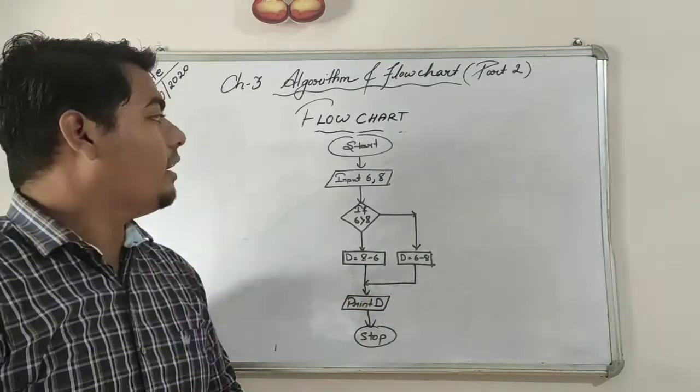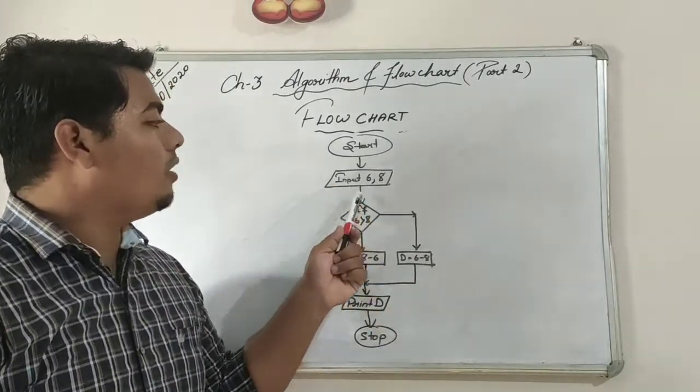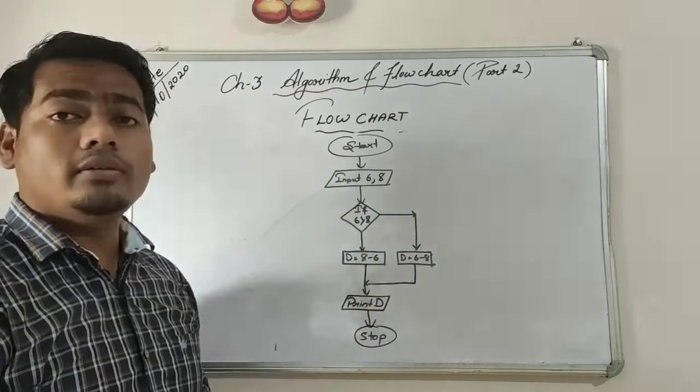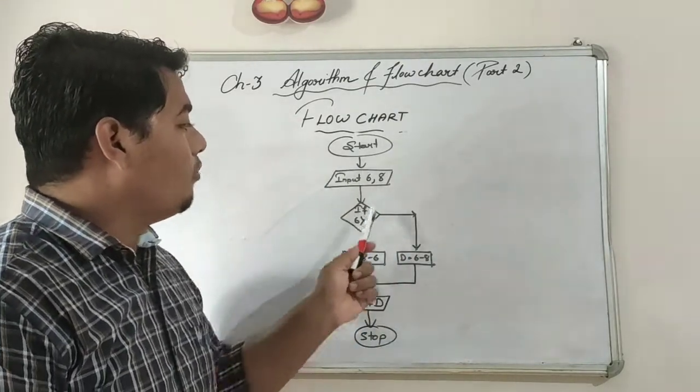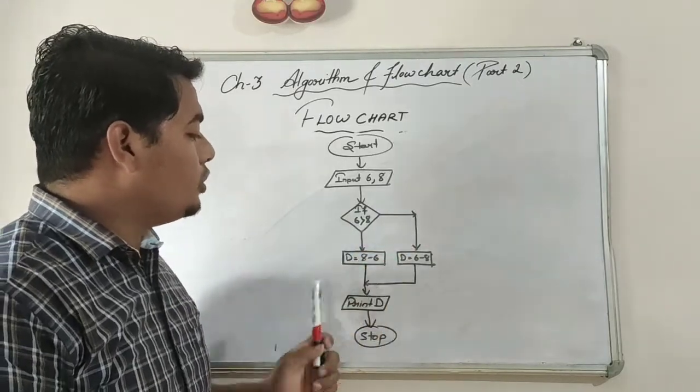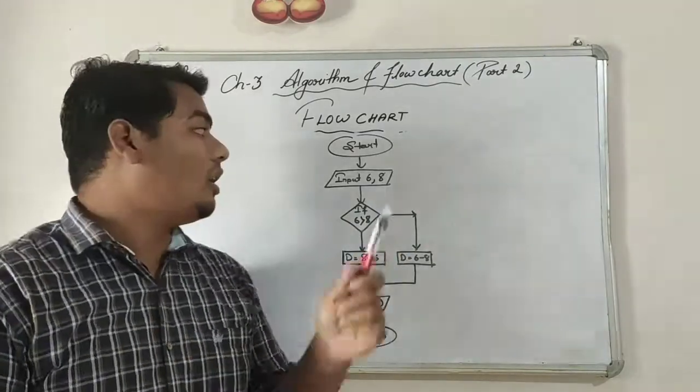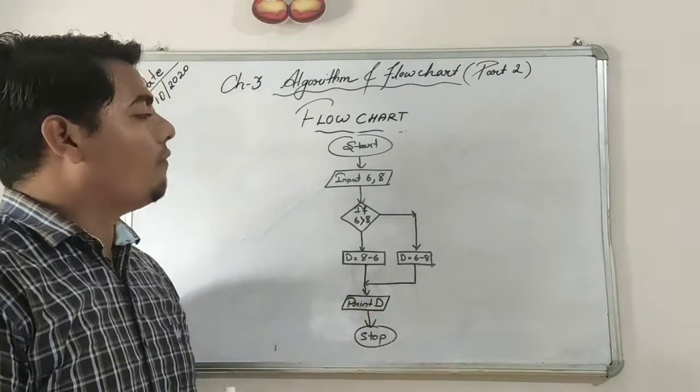Third, flow lines should always show the flow of the flowchart. For example, I have given an arrow like this. Why I am using an arrow is that it will show you the flow of the flowchart, how we are traveling through a flowchart.